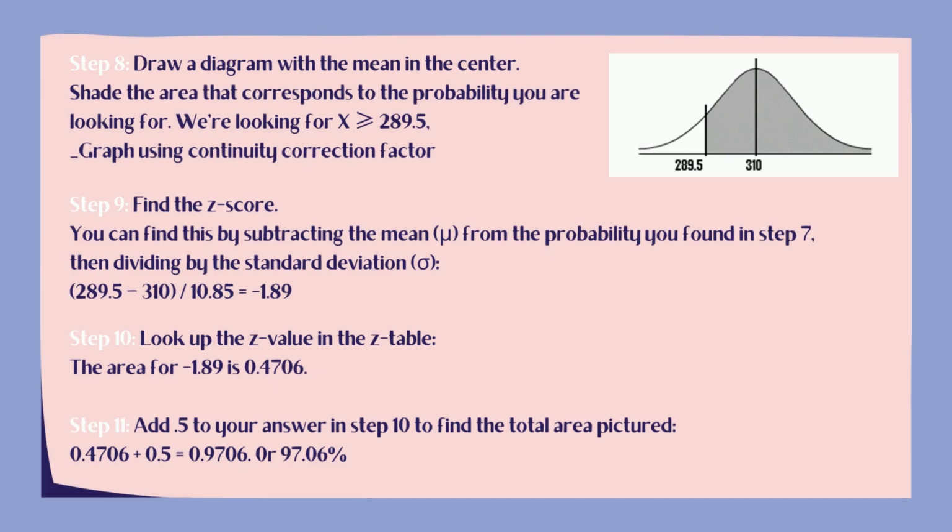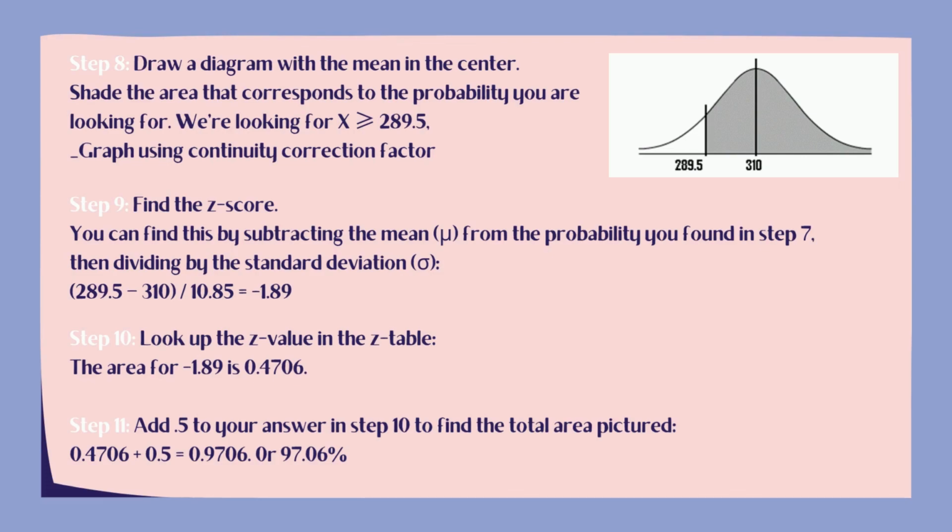289.5 minus 310, divided by 10.85, equals negative 1.89. Step 10. Looking up the z-value in the z-table. The area for negative 1.89 is 0.4706.